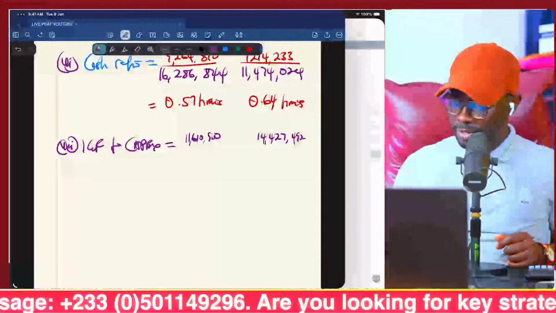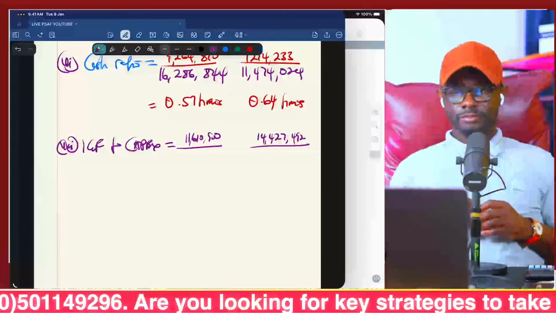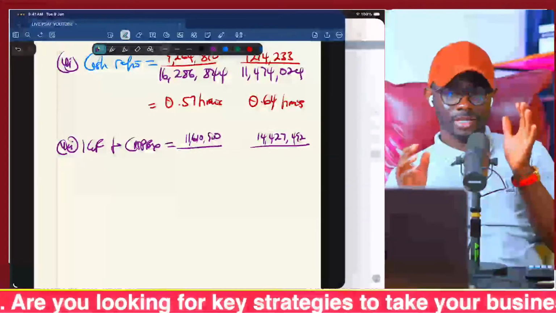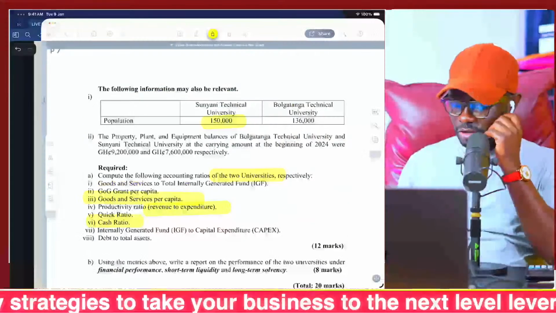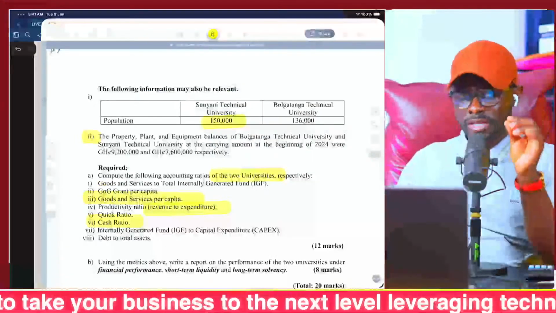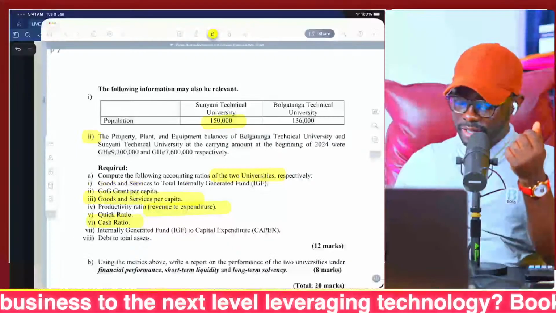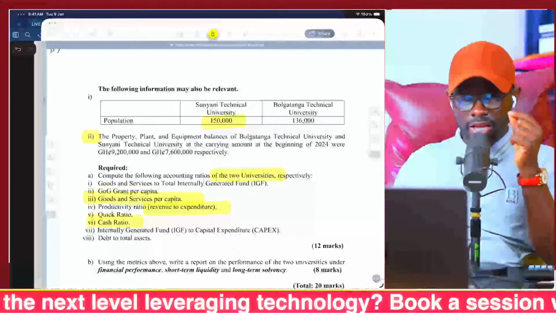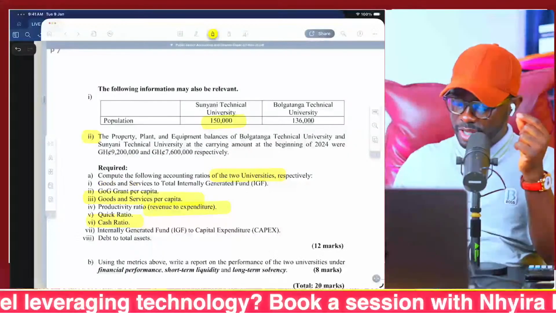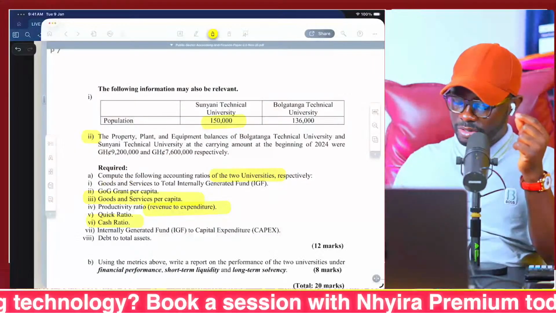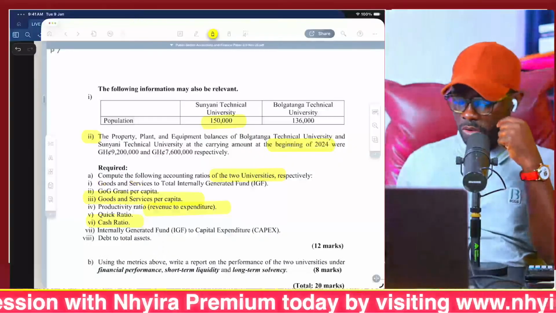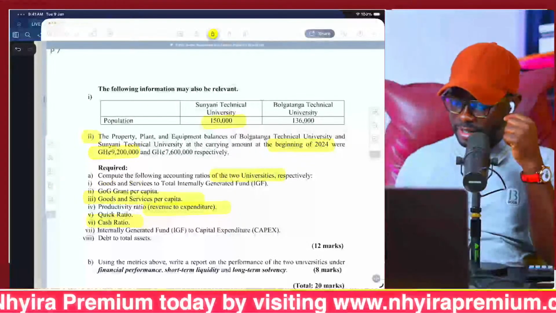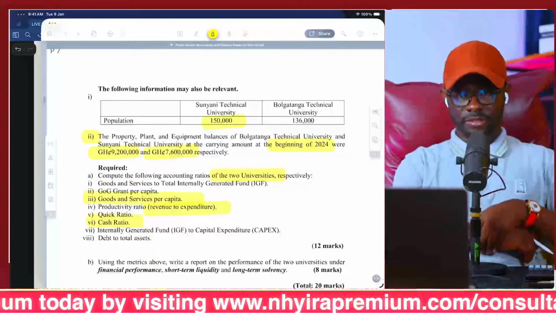Now we need a capital expenditure. There are ways that the capital expenditure can be calculated. If we check carefully, you'll see that note 2 here says the property, plant, and equipment balances of Bolgatanga Technical University and Sunyani Technical University at the carrying amount at the beginning of 2024 were this and that, respectively.